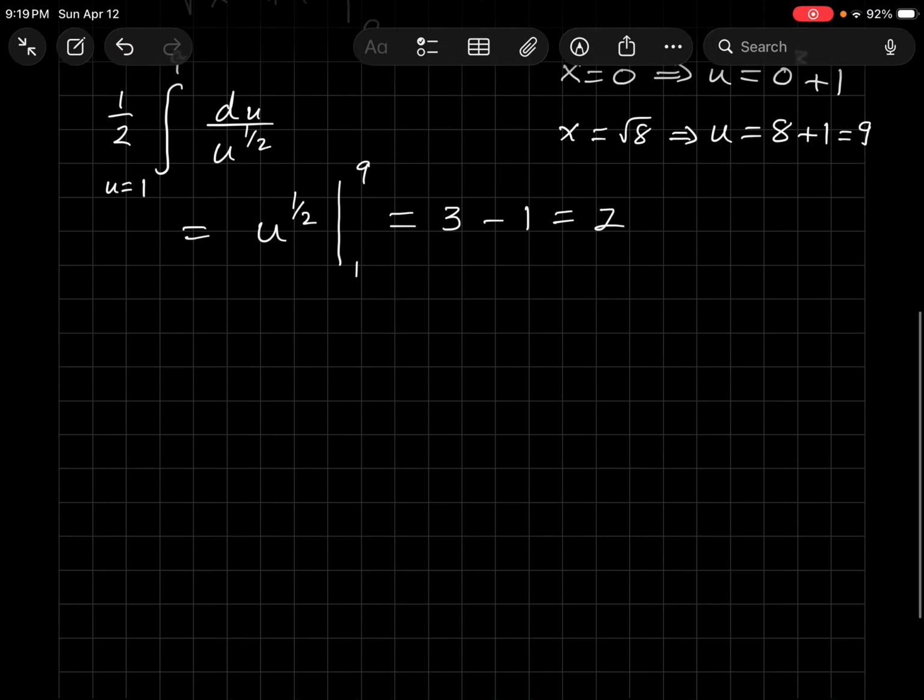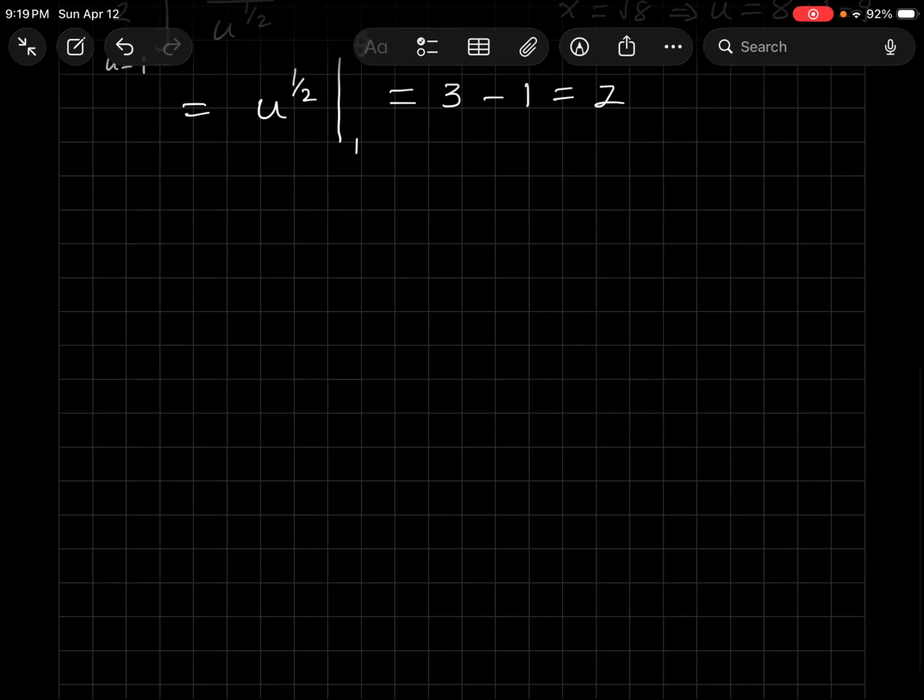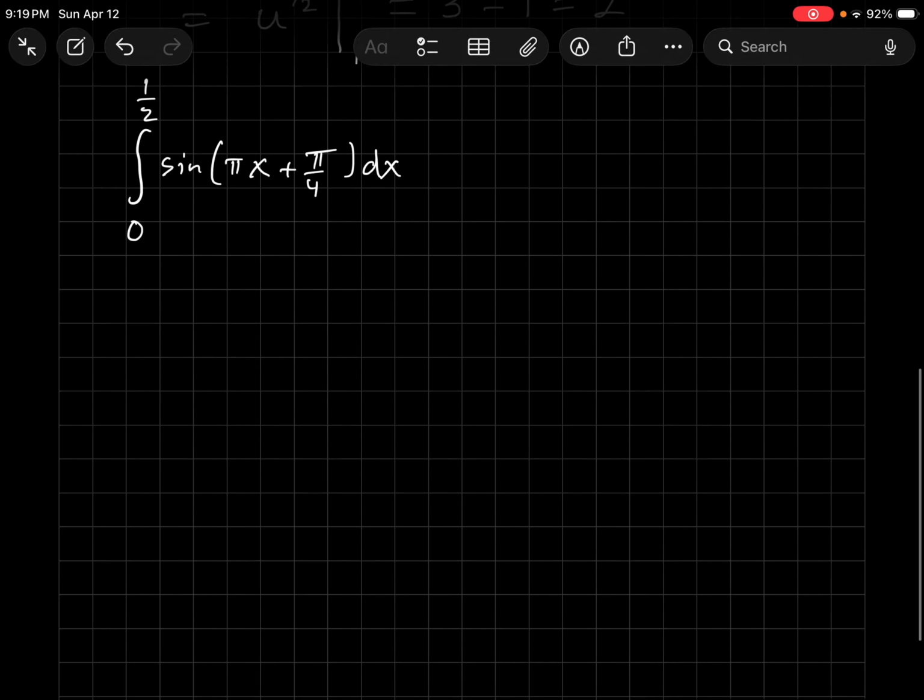Let's do at least 2 more examples. How about if we do the integral from 0 to 1/2 of the sine of pi x plus pi over 4 dx. This is a U sub. What are you going to let U equal? No pun intended.